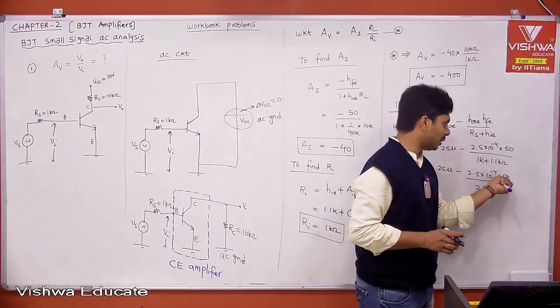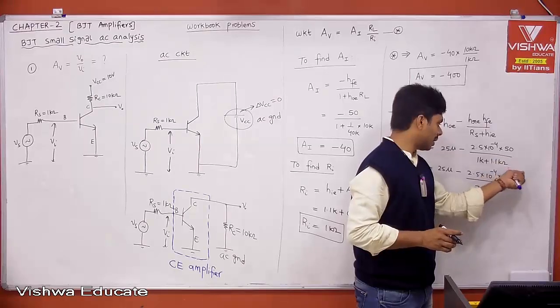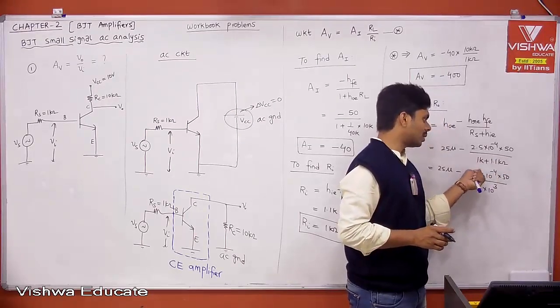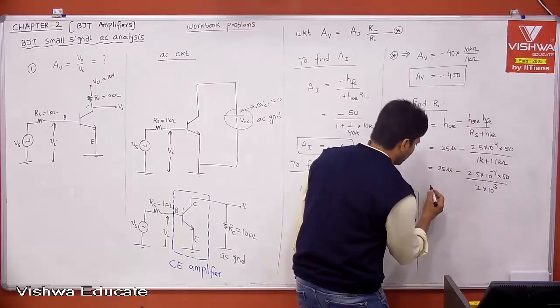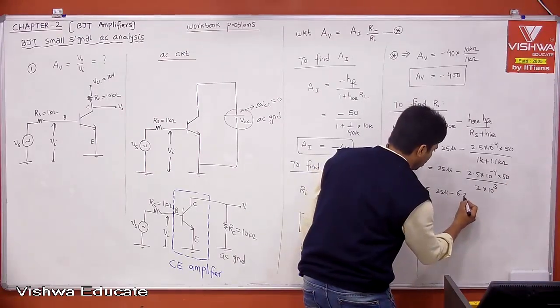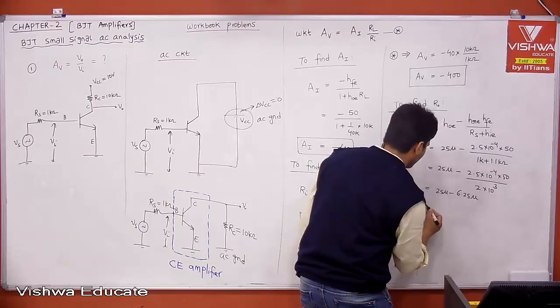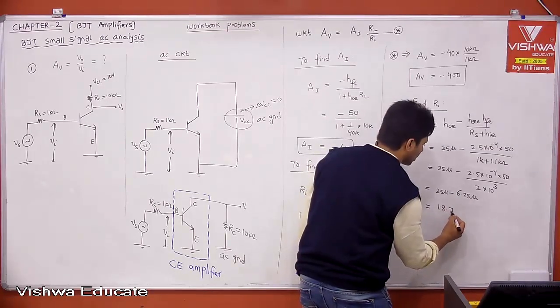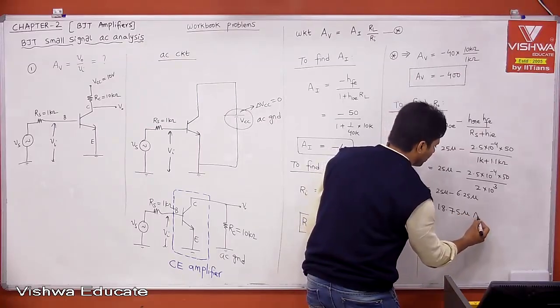Then 0.1 into 50 is 5, divided by 2 is 2.5 micro. 2.5 into 2.5 is 6.25 micro. Therefore, it is approximately 25 micro minus 6.25 micro, which is 18.75 microampere per volt.